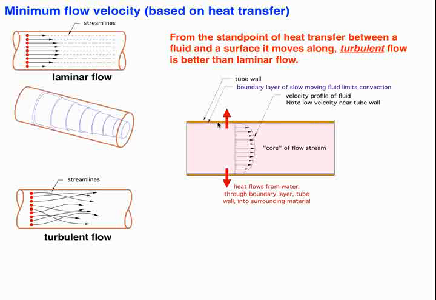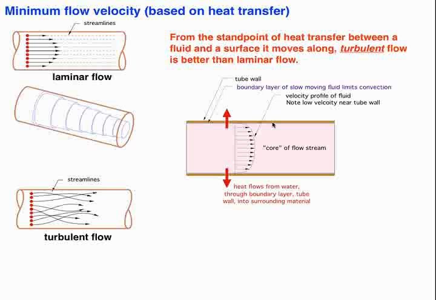It is presenting a resistance to heat transfer between the bulk of the fluid and the tube wall, in the case of moving heat from a hotter fluid to a cooler tube wall. The thinner the boundary layer is, the better the heat is able to move from the bulk of the fluid, the core of the fluid stream, as it states down here, into the sidewall of that pipe.